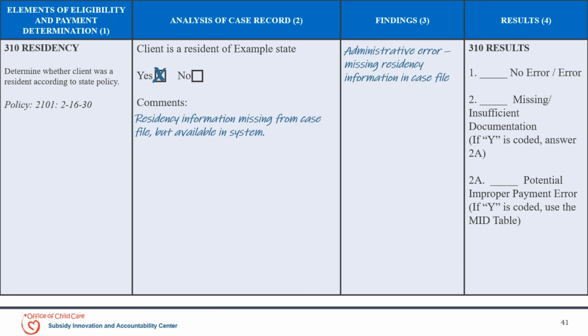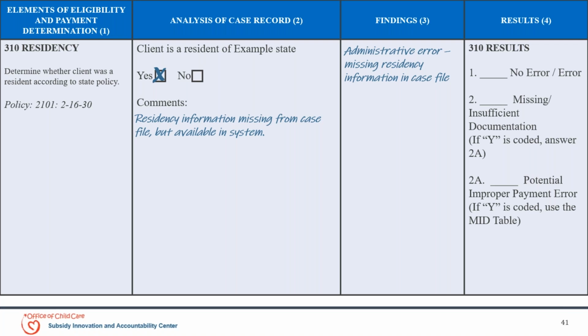So in this state, that residency information that was missing would just be an administrative error since it was available in the system. And again, things might be different in your state based on your policies. In some states, the residency information missing from the case file would result in an improper payment, or it might not be an error at all.